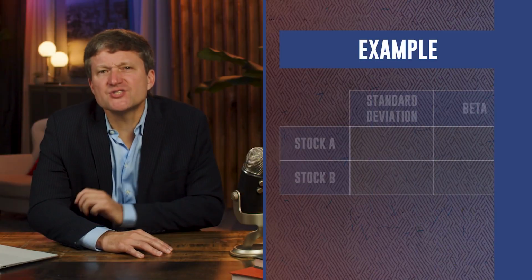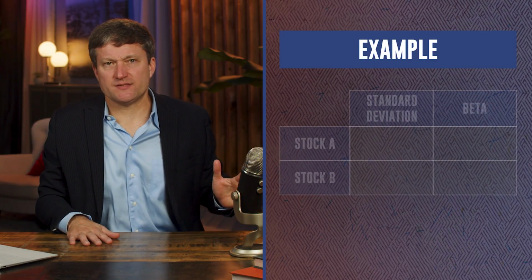In the previous video, we illustrated how beta is a measure of systematic risk. And as such, it should be the focus when determining the risk and expected return of a potential investment. Let's emphasize this with a simple example. Consider two potential investments.